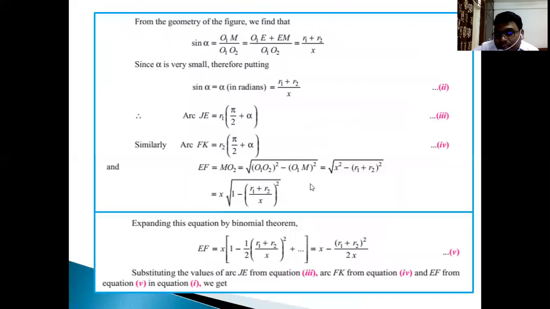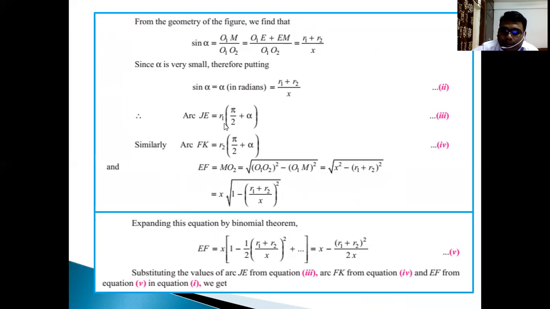So let's see that. Sine alpha is equal to O1M upon O1O2, so now it becomes (R1 plus R2) upon x, and already we know that alpha is very small, so alpha is equal to (R1 plus R2) upon x.